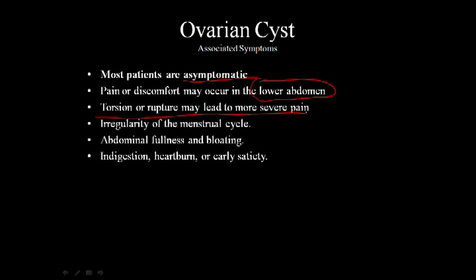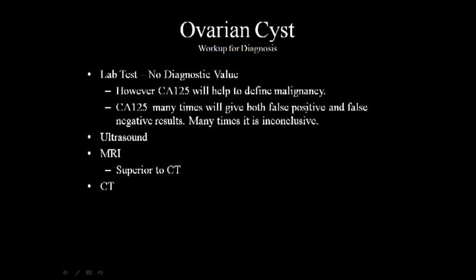Irregularity of the menstrual cycle can be another symptom of ovarian cyst. Abdominal fullness and bloating, indigestion, heartburn, or early satiety may also be symptoms. So the symptoms are very widespread, and you're not able to diagnose simply based on the symptoms.